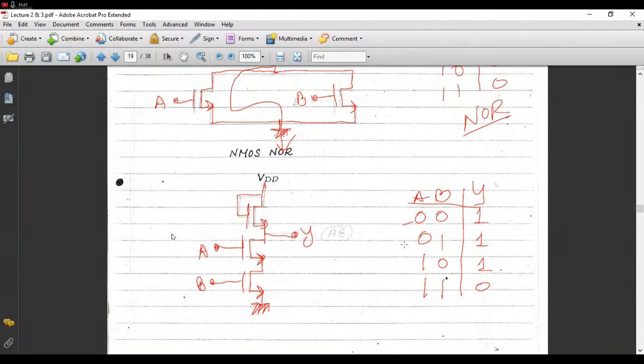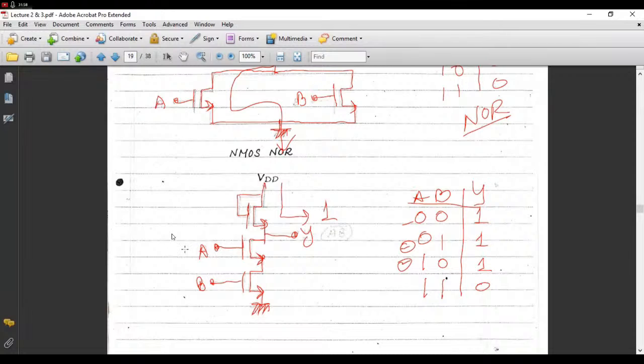For these two combinations, if any of the inputs is on, it doesn't matter, the entire thing will be off. But when both inputs are 0, what's happening? With the 0 1 or 1 0 combination too, if any of these three combinations are here, that means the lower part is off and electricity will flow from VDD towards output and we'll get a value of 1.